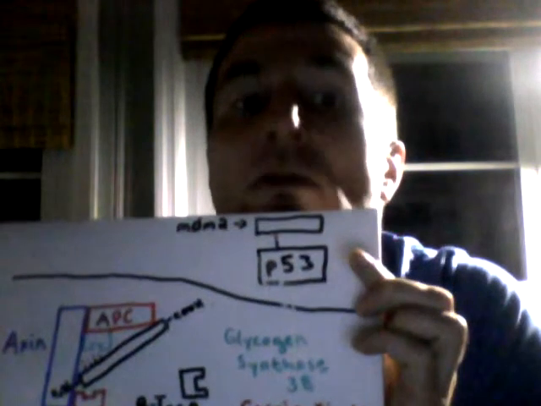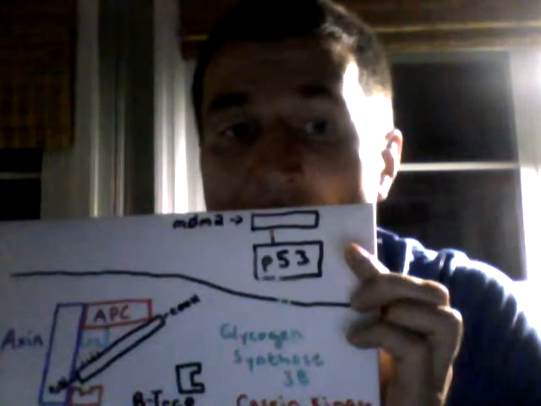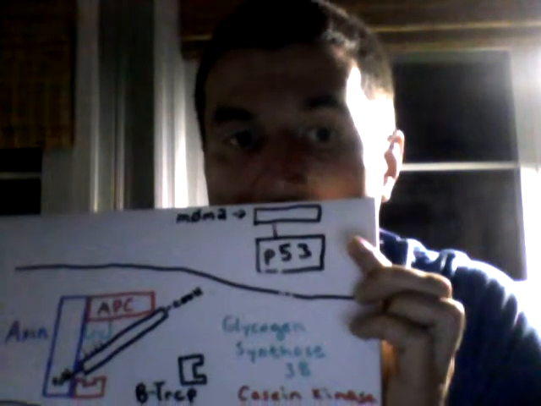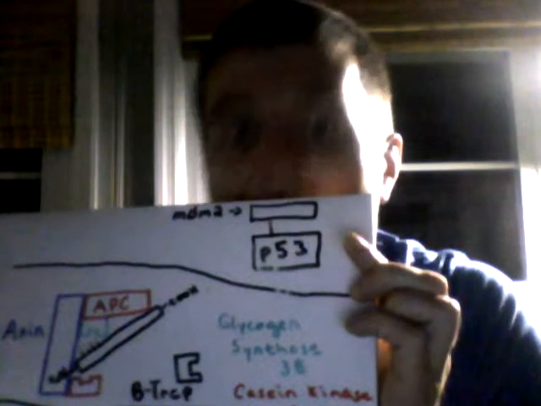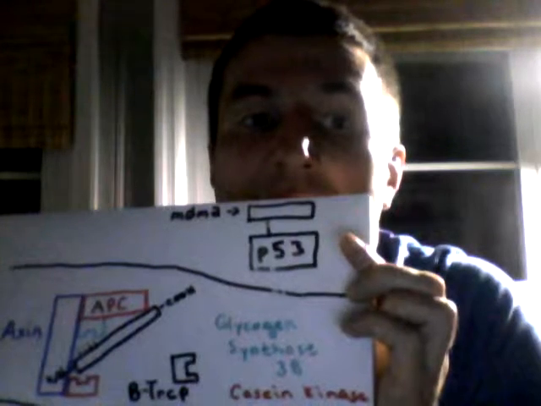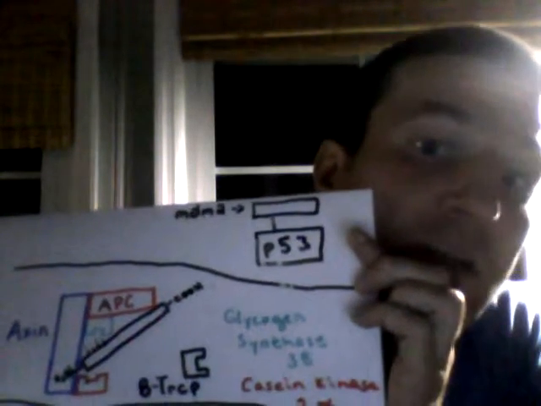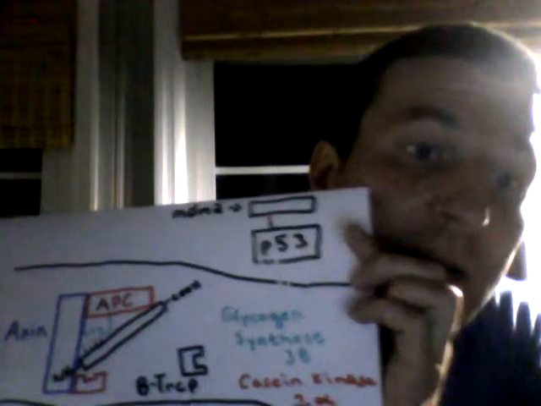These scaffolding proteins, all they really do is hold proteins to it, like certain kinds of enzymes. One of the enzymes that it's holding to it is glycogen synthase kinase 3 beta, which is a serine threonine kinase, which means it'll add a phosphate group on the serine or threonine.